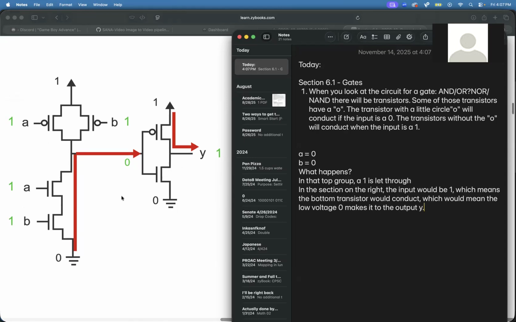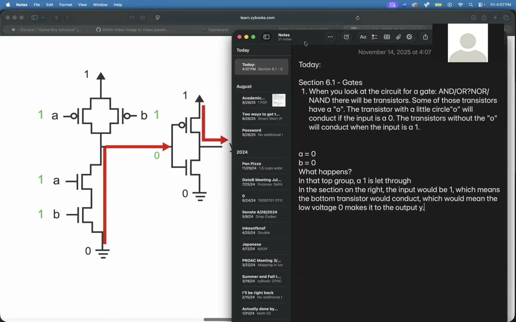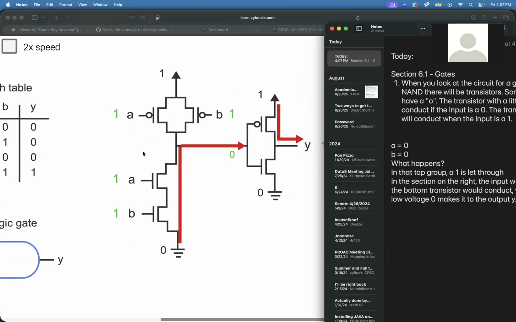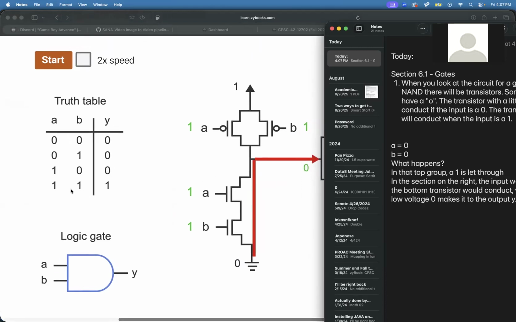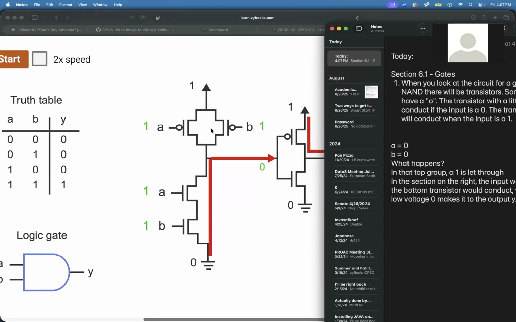Now they've drawn the arrows the other way. So if we look at theirs, where the inputs are one, essentially what this is a diagram of is the last row. So when they did A equals one, B equals one, then if you think about it that way, if A is one, this does not conduct, right? Because it's got the circle on it.